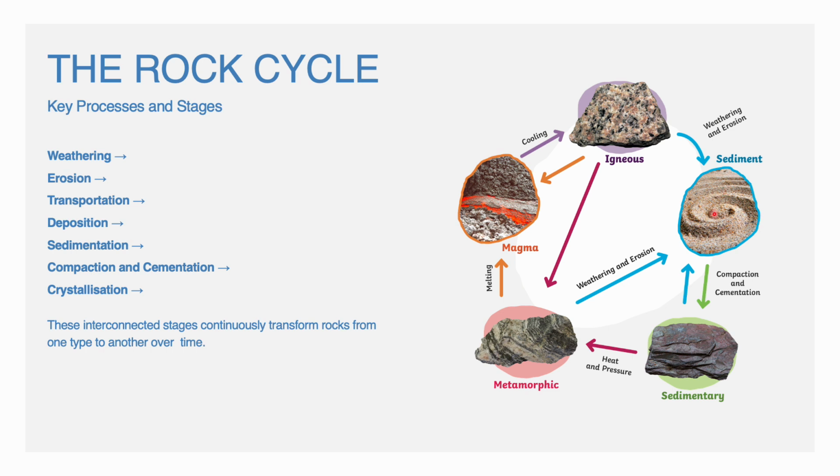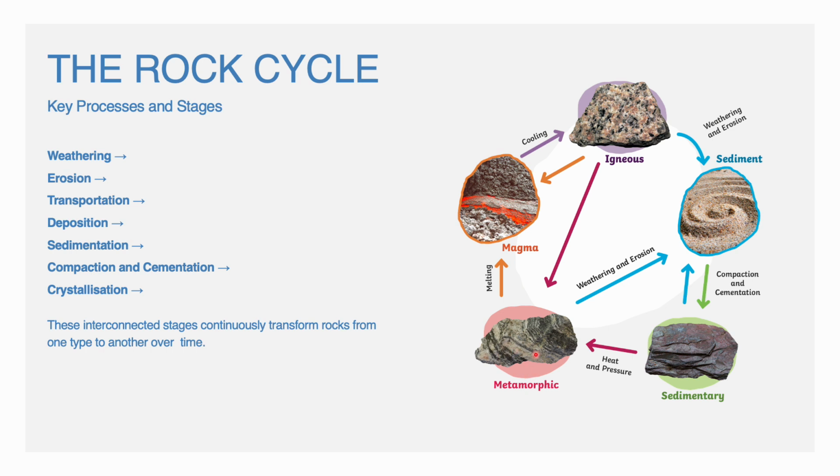water or ice or wind, and these sediment particles can then be compacted and cemented, which will then form sedimentary rock, right? So if any rock, whether it's igneous or sedimentary rock, undergoes heat and pressure, we will have metamorphic rock forming.